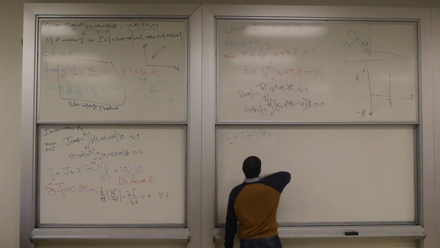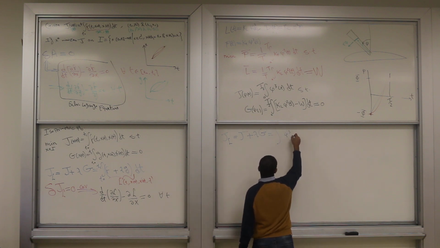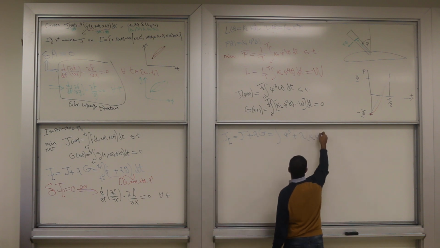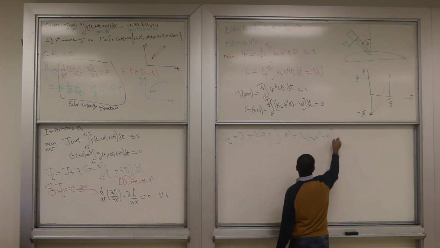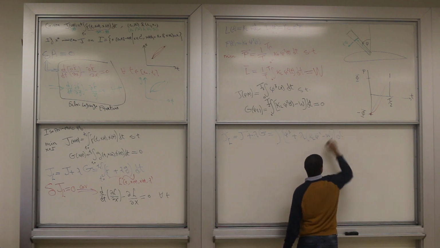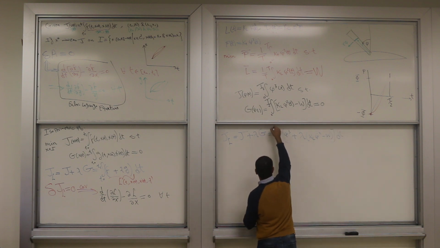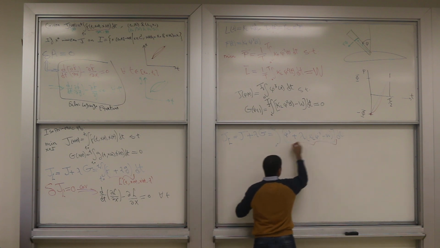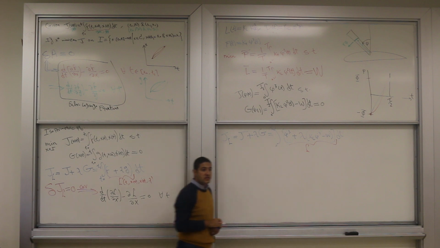This is the integral of phi dot cubed plus lambda times KL phi dot squared minus W, dt. And I'm going to call the new integrand my Lagrangian function.